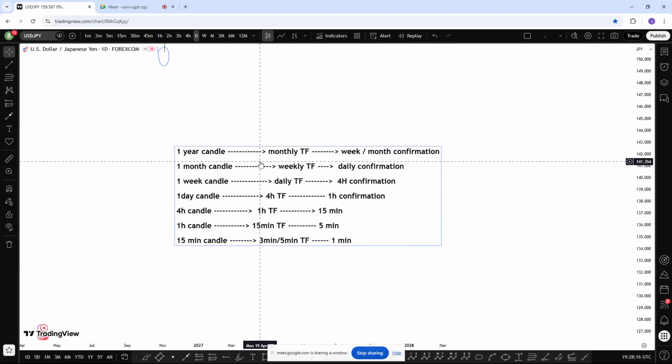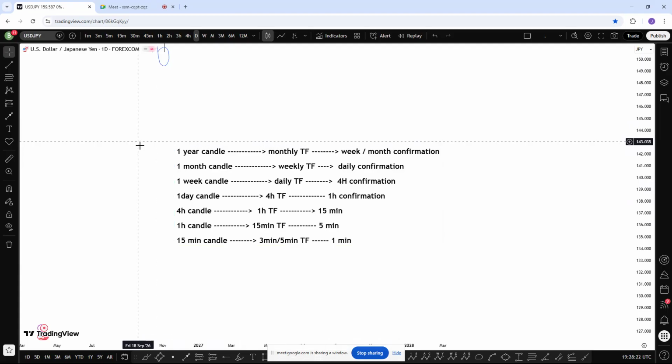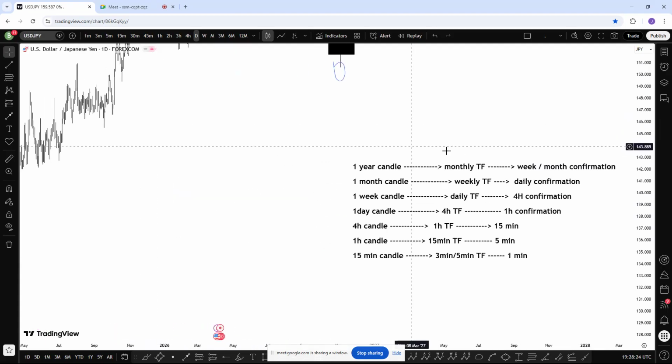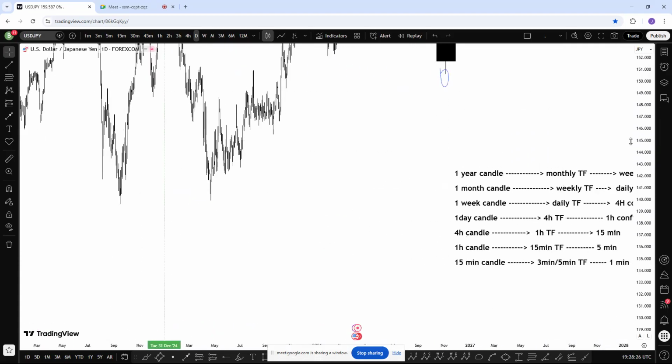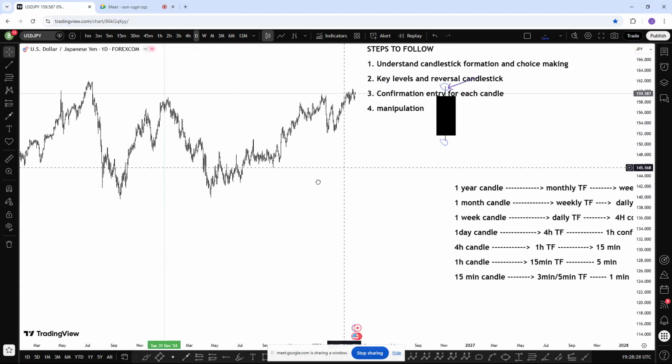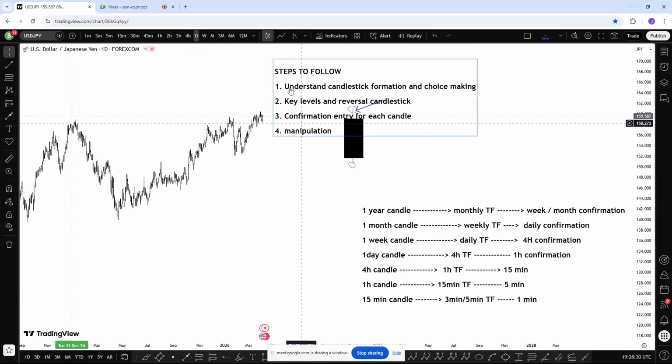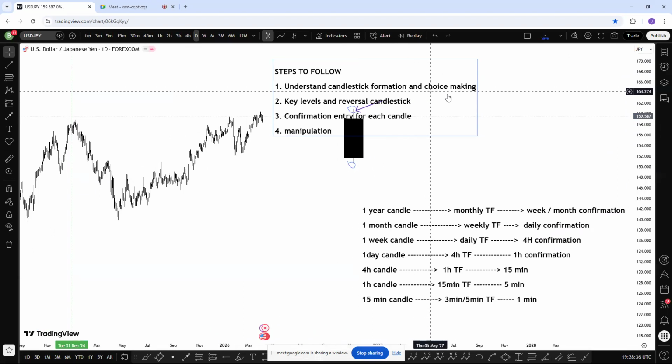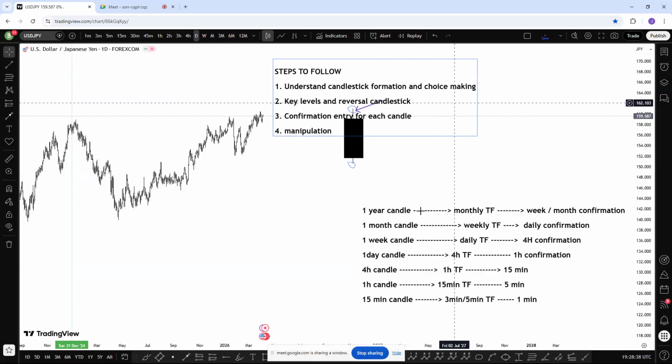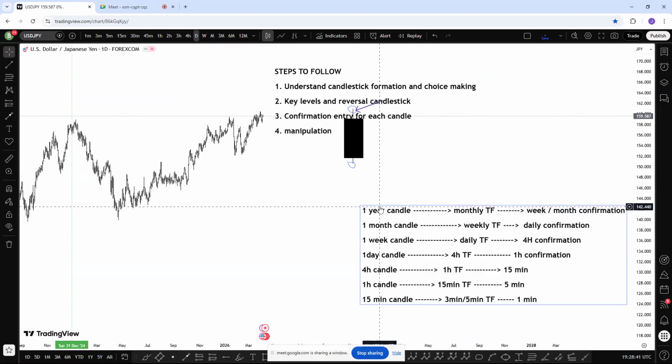So I will be showing you examples that you can use to trade, so that you fully understand what I mean by that before we talk about the manipulation. So you have to understand time frame, understand the candlestick you're going to trade, and of course, this is what we call making the right choice, the right candlestick you're going to trade.